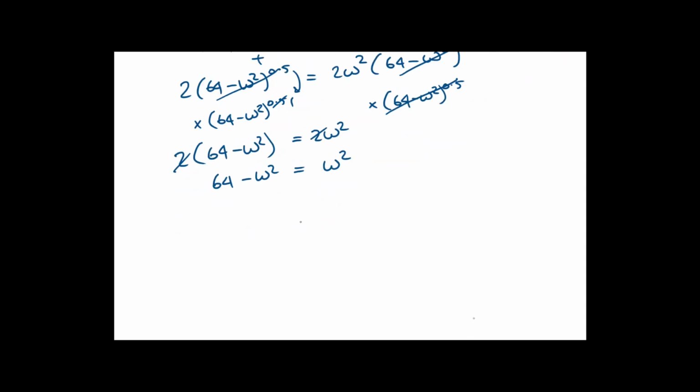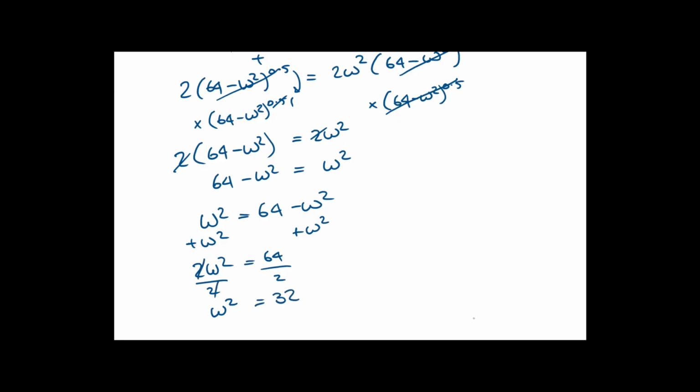I'm going to just swap sides and add W squared to both sides. Divide both sides by 2. So W squared, they're going to cancel. W squared is 32.